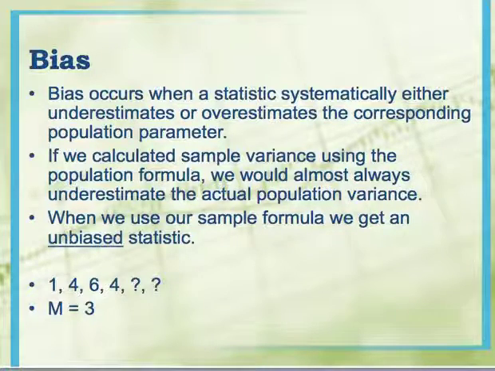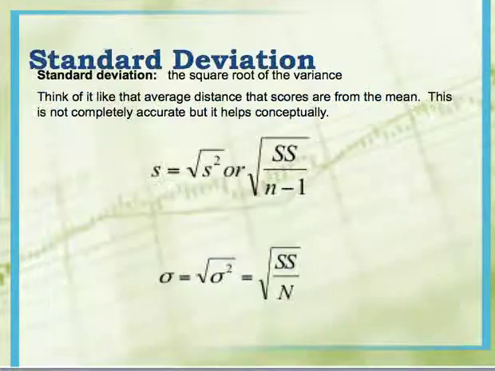If we have an unbiased statistic, that means it is accurate. When I get a sample and I'm trying to say something about the population, it is what it is. However, if I have a biased statistic and I just use my same formula like we were doing for standard deviation with a sample, I'm going to systematically underestimate what the overall variability in that population is. This has been studied time and time again. It's a mathematical relationship. There's nothing you can do about it.